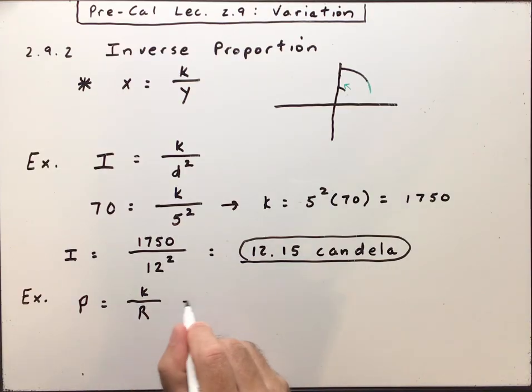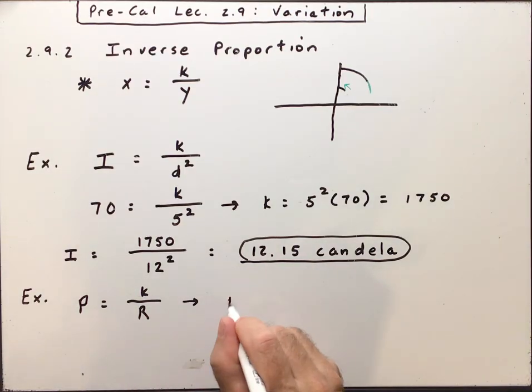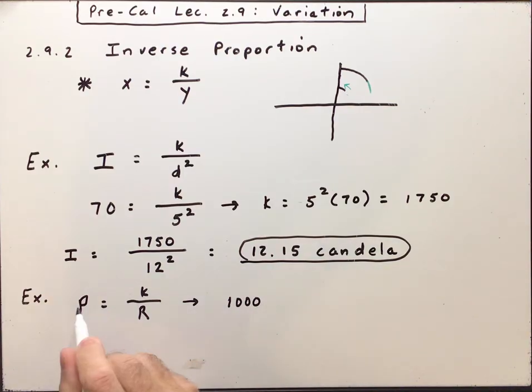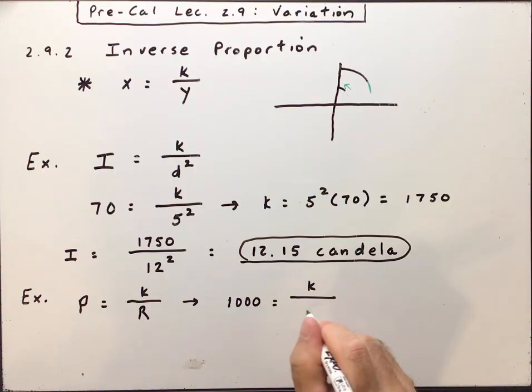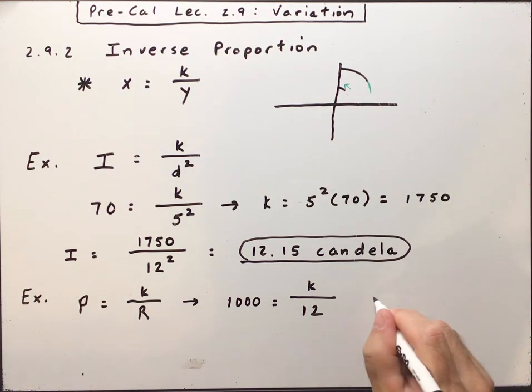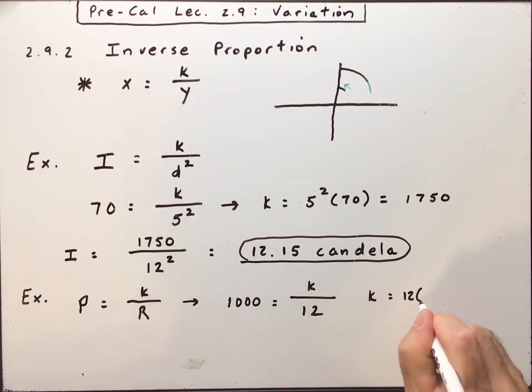Now it says the power is 1,000 watts, so let's plug that in for power. We don't know K, and we know the resistance is 12 ohms. So we're going to solve for K. K is going to be, multiply both sides by 12, 12 times 1,000.